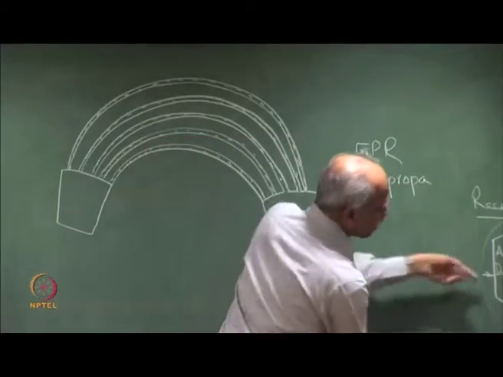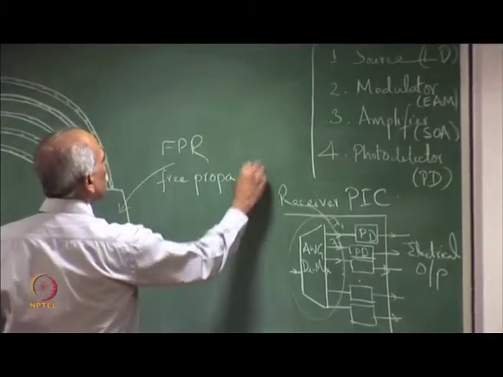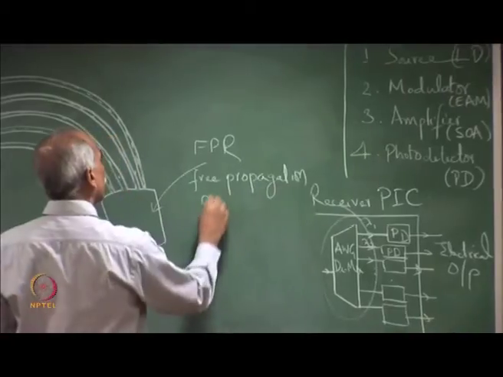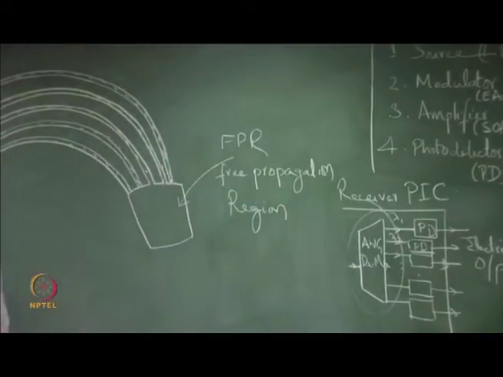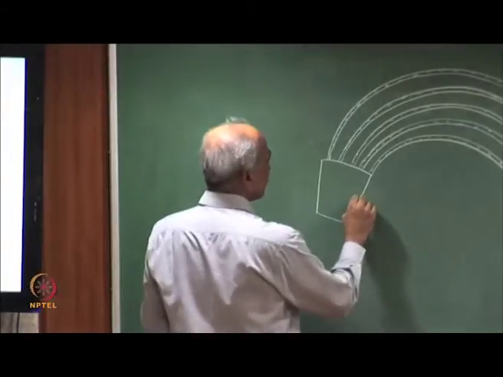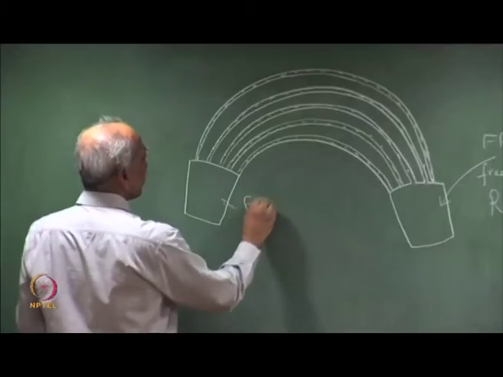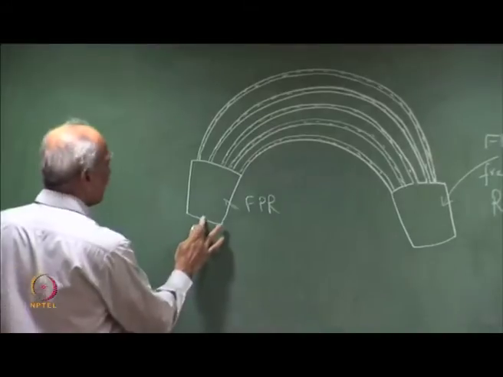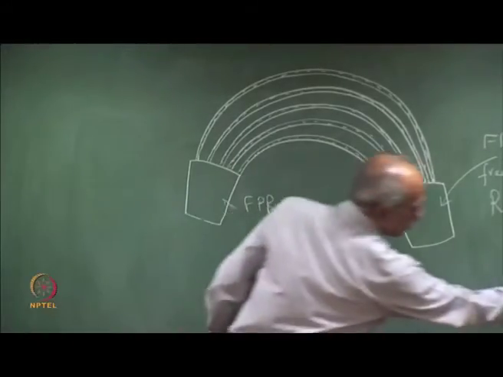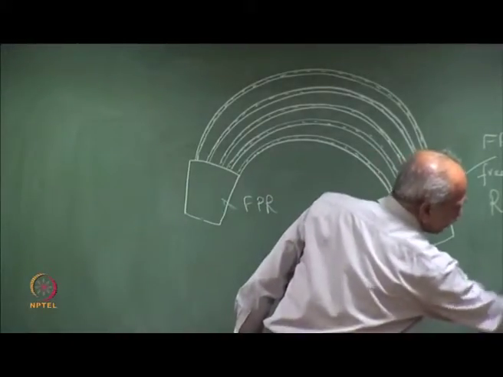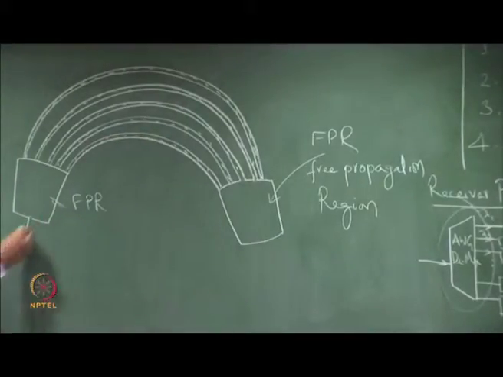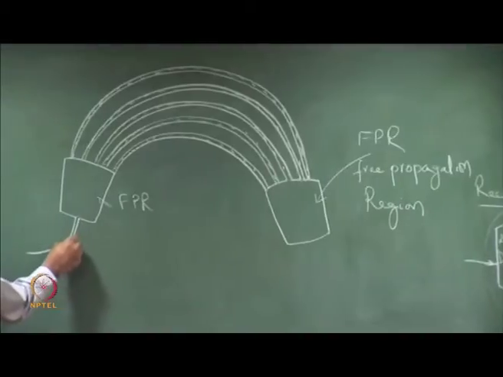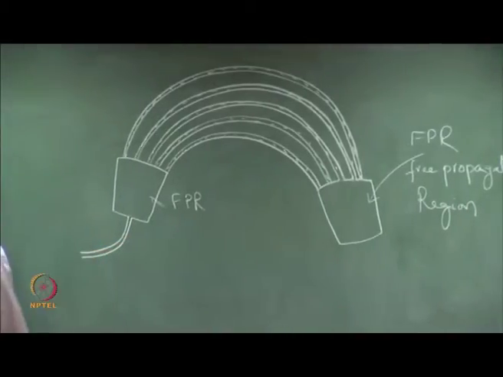So, I am showing this DMUX, free propagation region. So, this is another FPR. Here is the input, the input which is entering the DMUX is here. Here is the waveguide, an optical waveguide made on the semiconductor chip.